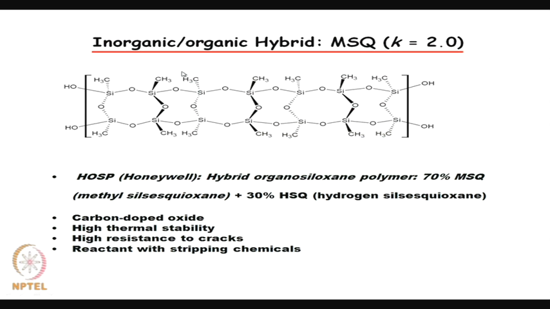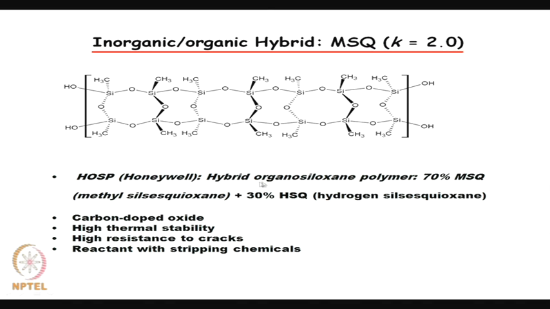Now, one material can be MSQ, an inorganic organic hybrid material. The chemical structure is shown, and the brand name of this material available in the market is HOSP, from Honeywell, and it has the dielectric constant low 2.